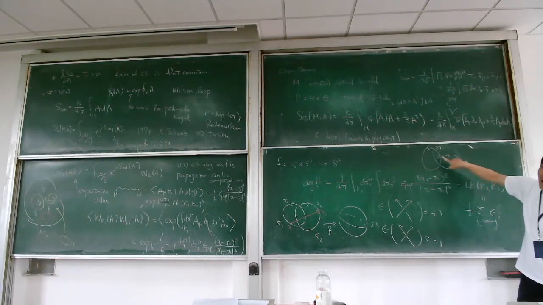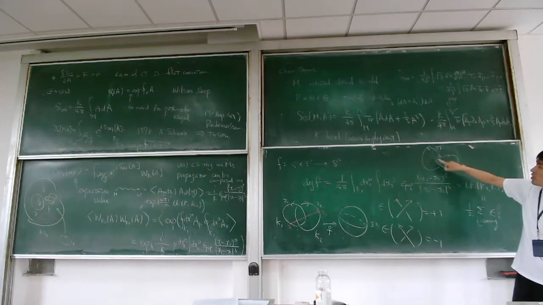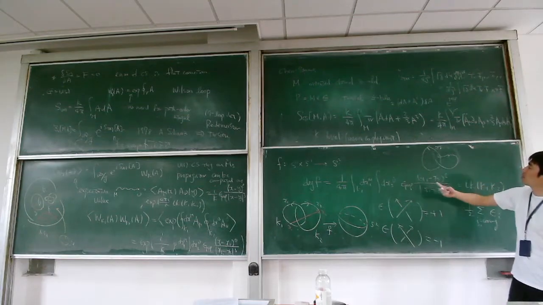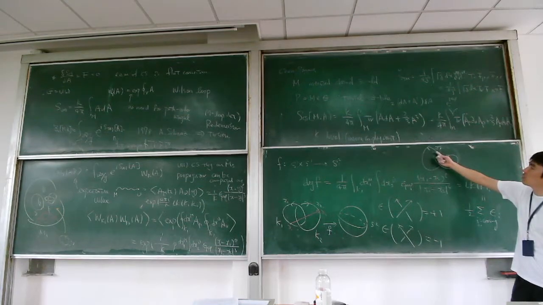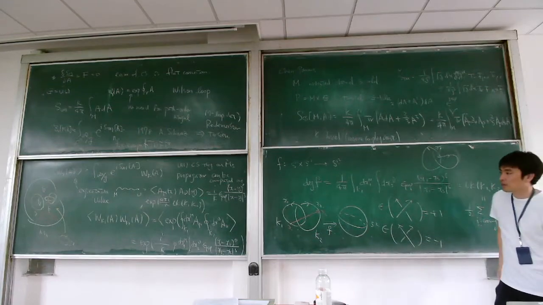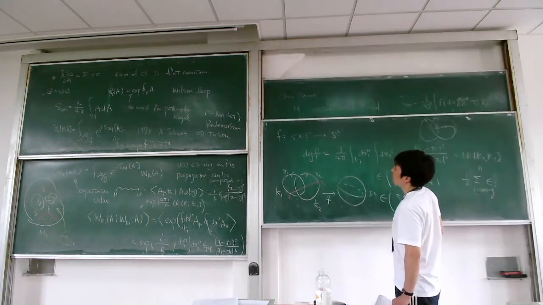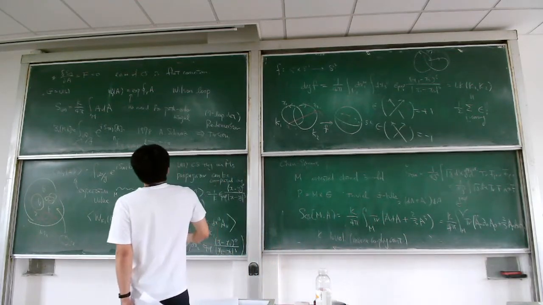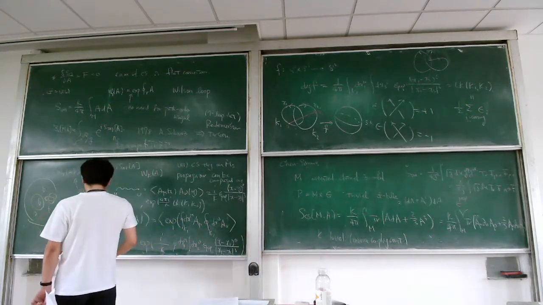And even if you create two additional, how to say, not linking, but crossings, if you look at the definition of plus or minus, maybe this is a minus sign and this is positive. So they cancel. Therefore, it's a link invariant. It's a topological invariant. Okay, so this is the Wilson loop of the abelian theory.